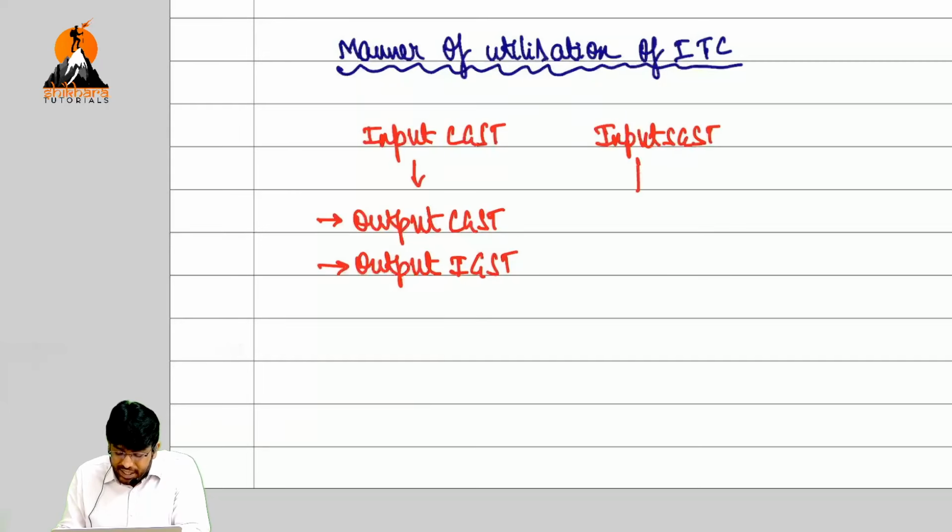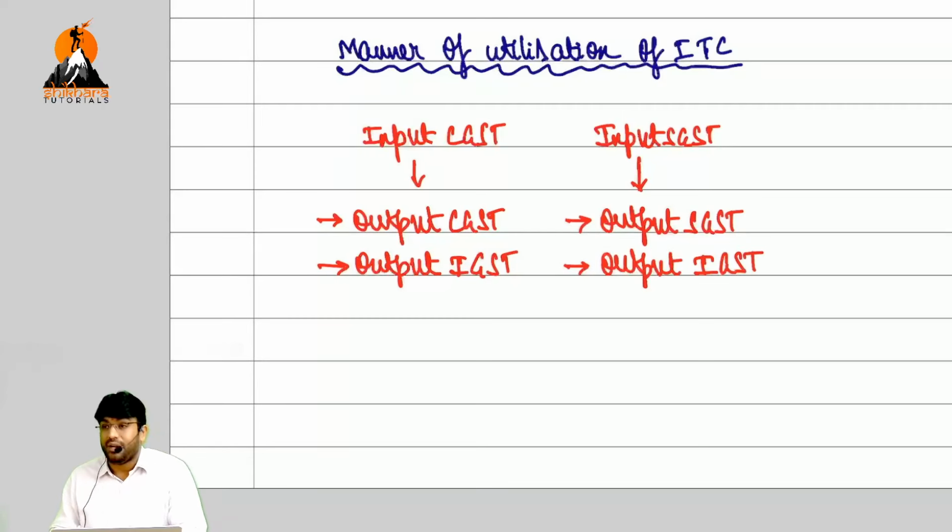Input SGST, always first use for output SGST, then use for output IGST. But if you observe one common point there, we can't use CGST for SGST, or SGST for CGST.